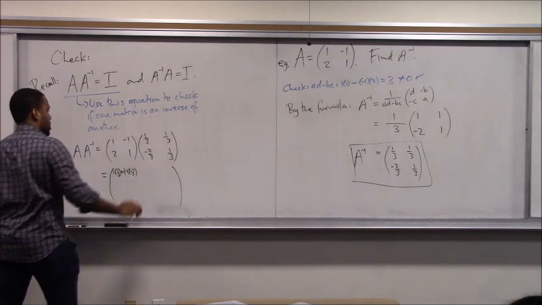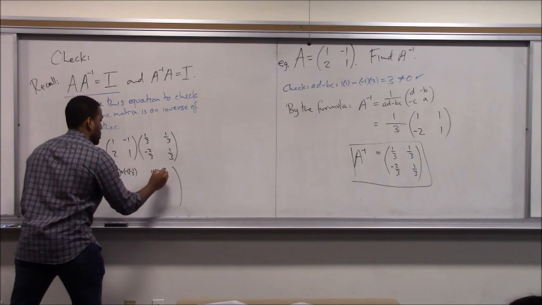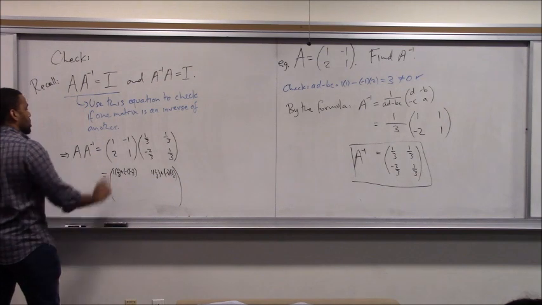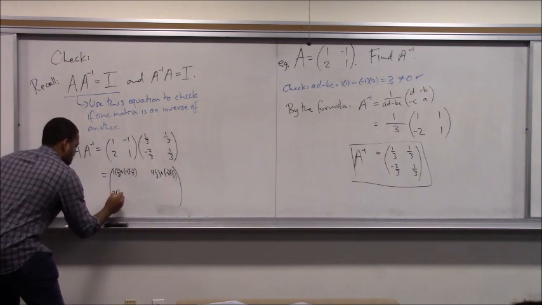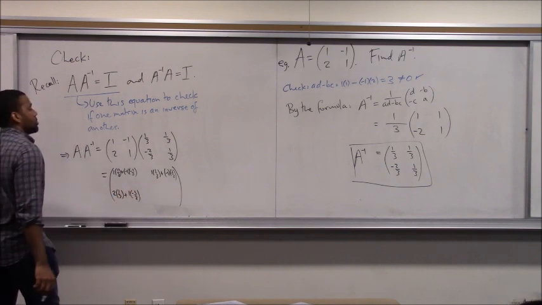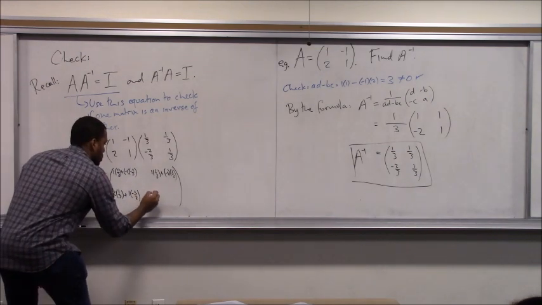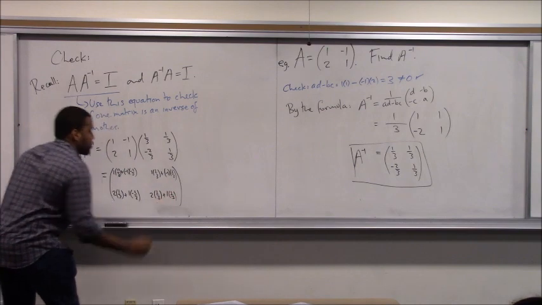First row times second column, that's 1 times a third plus a minus 1 times a third. Now the second row times the first column, that's 2 times a third plus 1 times minus 2/3. Second row times second column, 2 times a third plus 1 times a third.